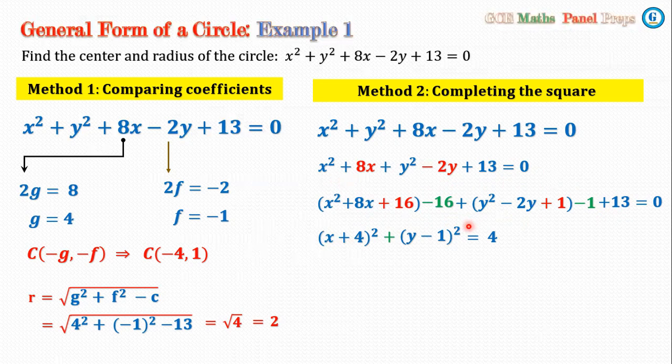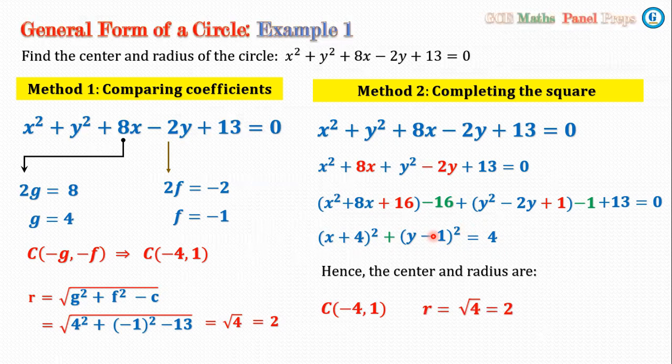If I take it to the right-hand side, it becomes plus 4, as if I add plus 4 to both sides. So now with this form, I have it in Cartesian form. From here, the radius is the square root of 4, and the center is (-4, 1). Hence, the center and the radius are respectively (-4, 1) and 2.